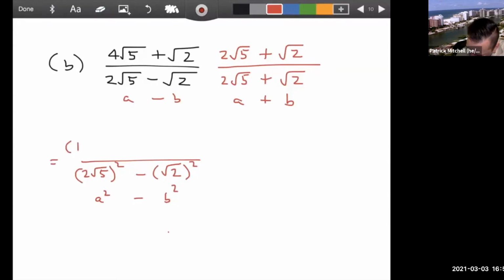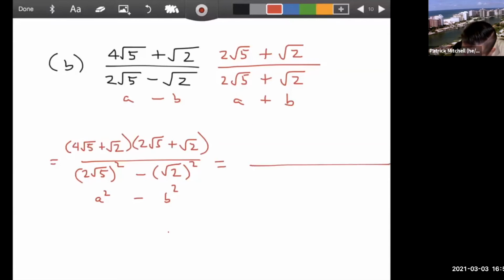All right, upstairs, we're going to get something kind of awful. We're going to end up foiling this: 4 root 5 plus root 2 times 2 root 5 plus root 2. Okay, so let's get started. FOIL. All right, 4 root 5 times 2 root 5 would be 8 times 5.